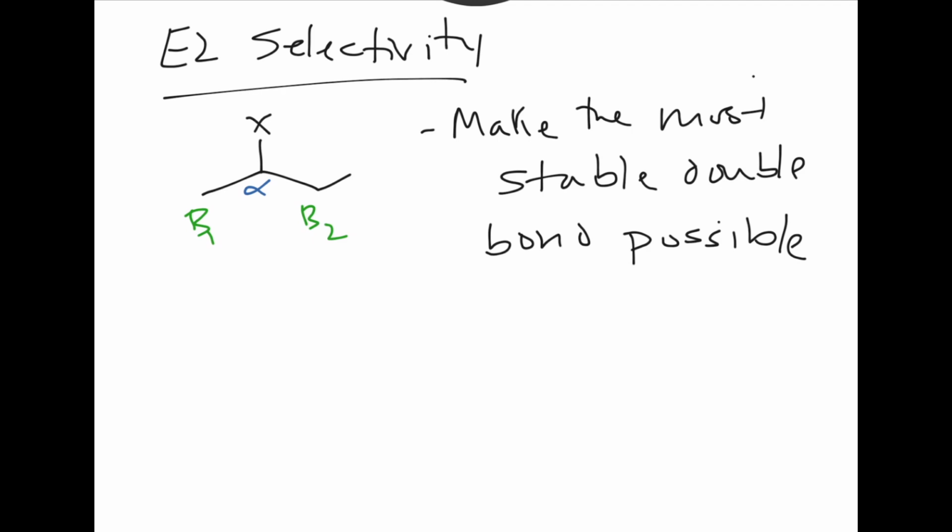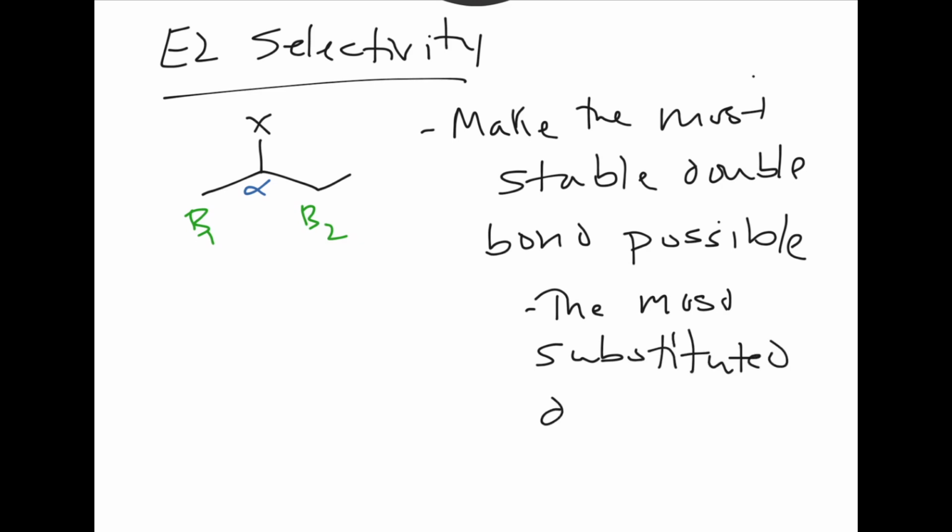And that is most of the time the most substituted double bond, right? So we want to make the most substituted double bond, right? And this goes back to Zaitsev's rule, which we'll touch on here in a second. But why? Why do we want to make the most stable double bond, right?